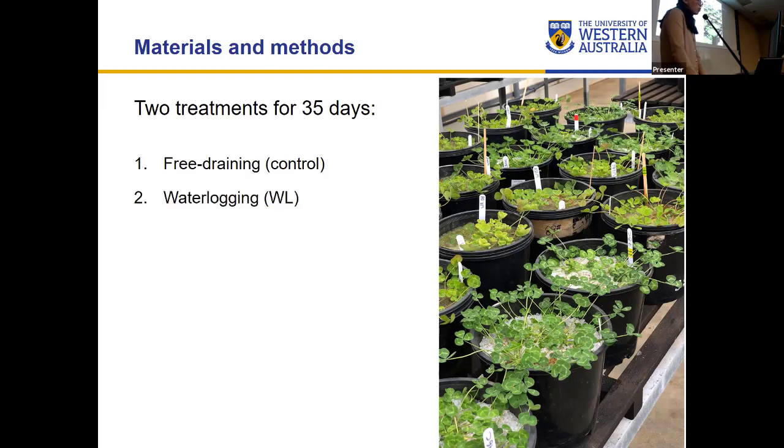The waterlogging treatment: pots were inserted in non-draining buckets with a similar external diameter, and the water level was kept 10 millimeters above the soil surface. After the 35 days of waterlogging, waterlogged pots were drained, and plants were grown under free-draining conditions for 21 days in the subsequent recovery stage.